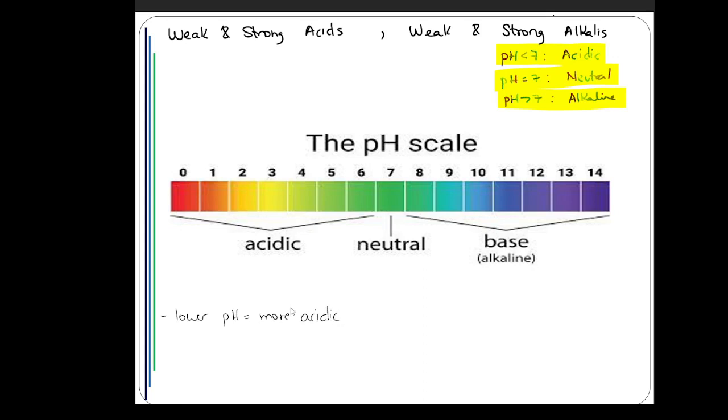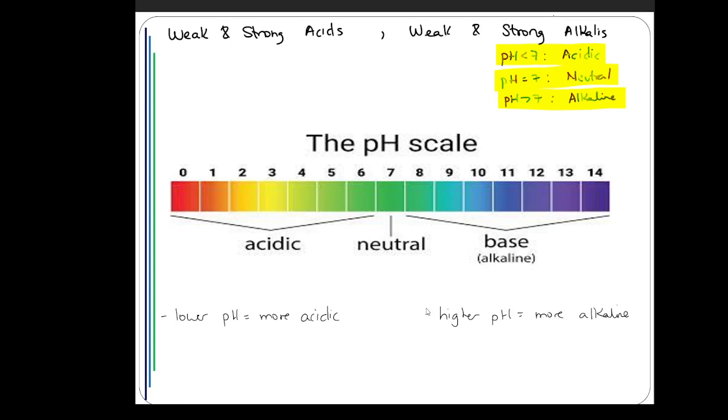And this is where we were comparing two acids. We've also said the higher the pH, the more alkaline a substance is. And of course, this is where we were comparing two alkalis or basic solutions.